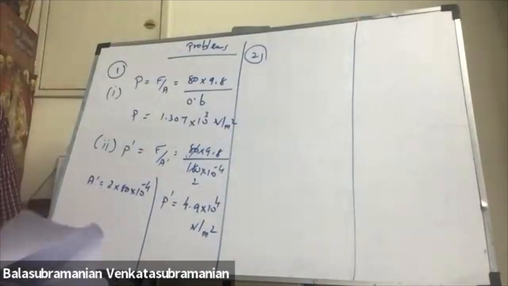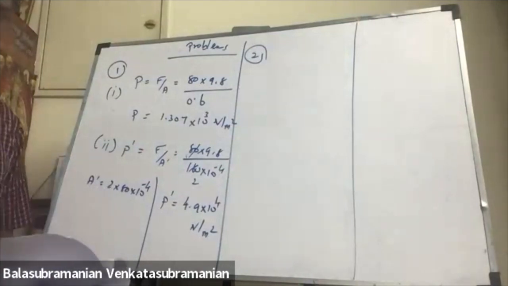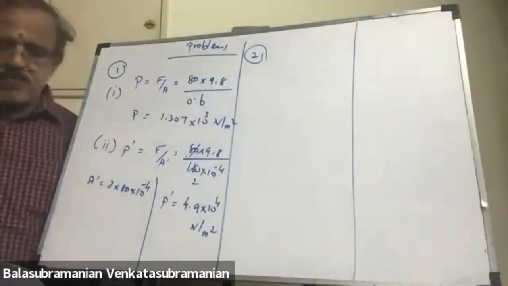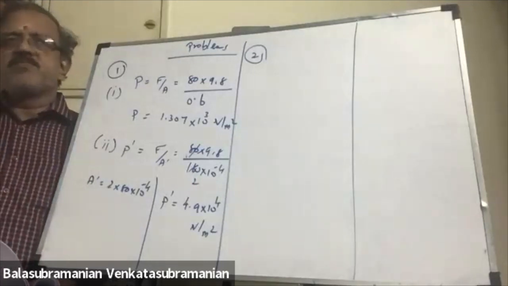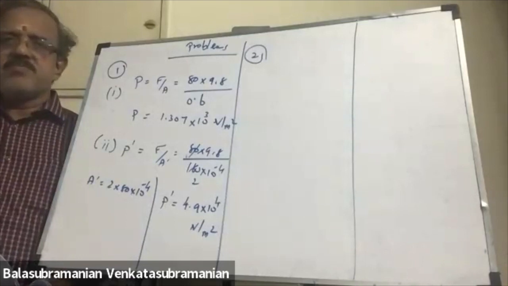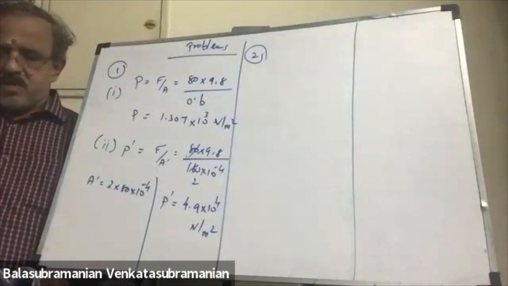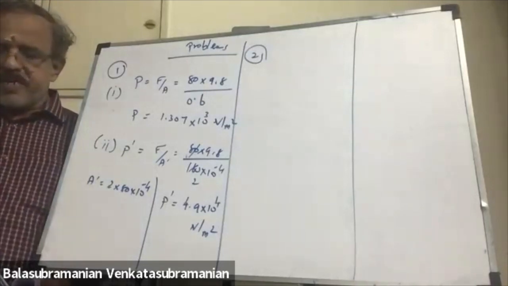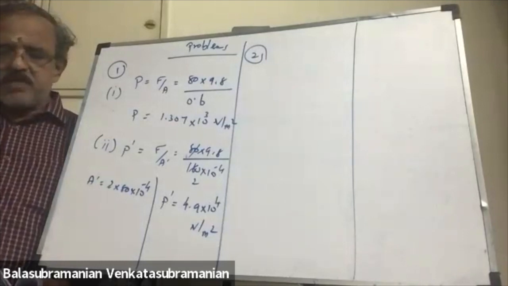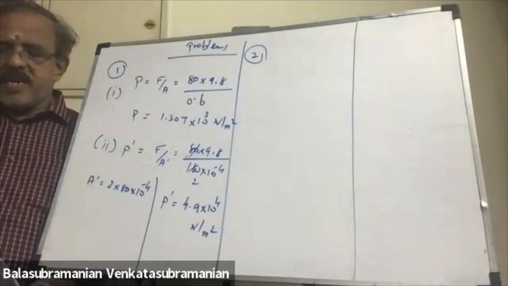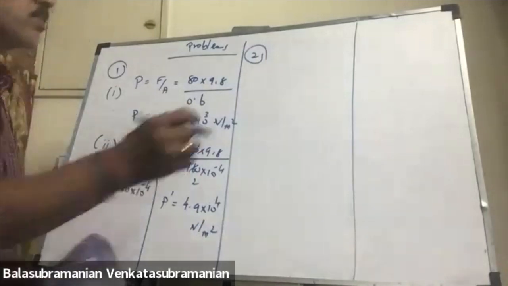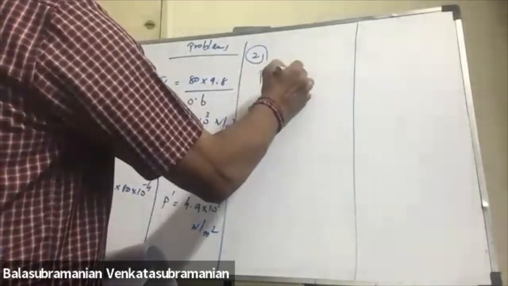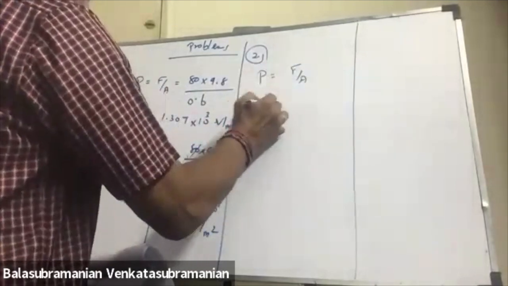Find the pressure exerted at the tip of a drawing pin if it is pushed against a board with a force of 20 Newton. Straight problem. They have given the force 20 Newton. You have to find the pressure. Given area is 0.1 millimeter square. Pressure is force by area.